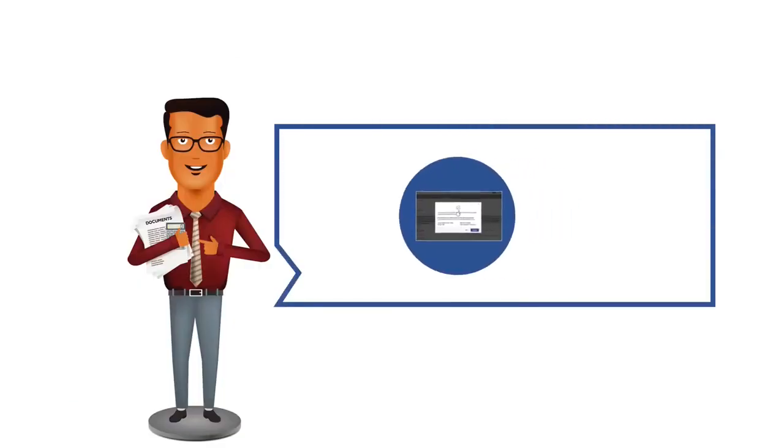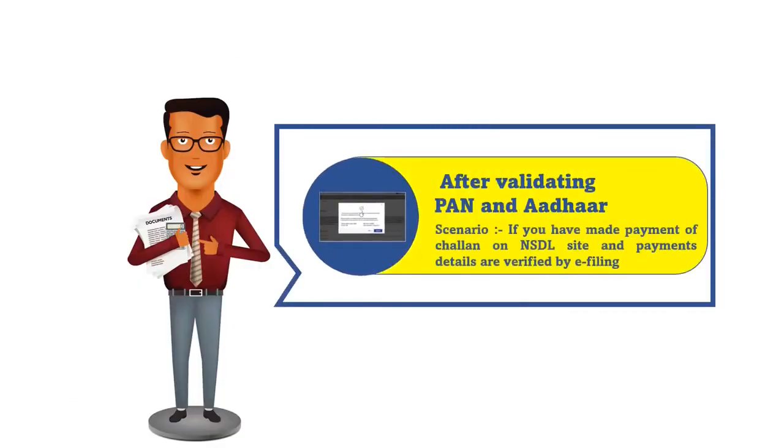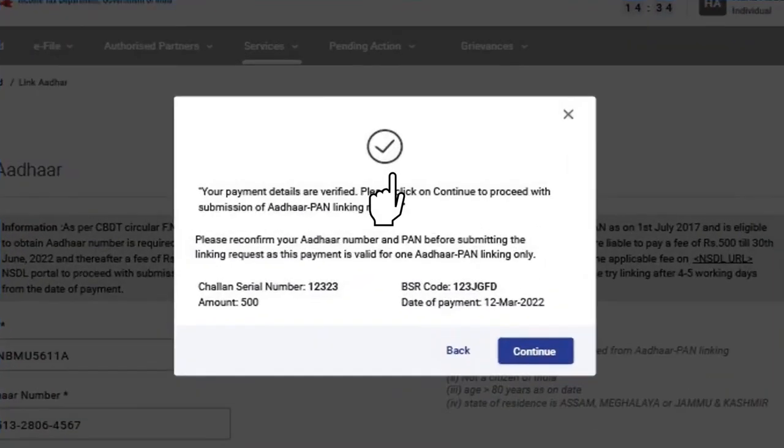If the Aadhaar PAN combination is validated, and if you have made the payment of Challan on NSDL site and payment details are verified by the e-filing portal, then a pop-up message will be displayed communicating that your payment details are verified. You are required to click on Continue on the pop-up message to submit Aadhaar link request.